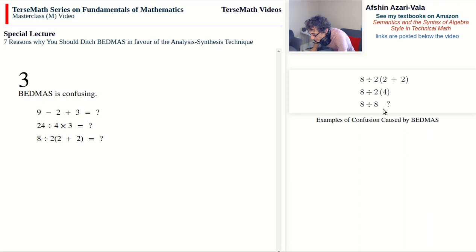I think the reason this happens is both a combination of thinking that multiplication is easier than division, and therefore that has to be done first. And also, I think what happens with some people as well is that with the B for brackets, they think that they have to work out the bracket, and to do that they have to multiply 2 by the bracket.